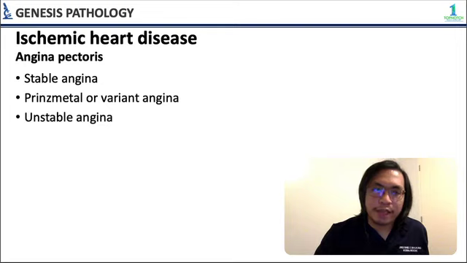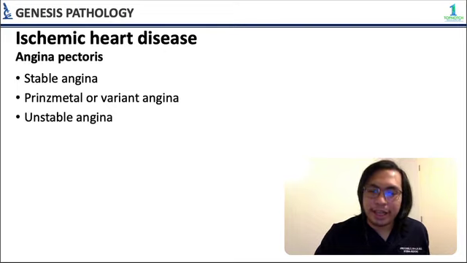Okay? Prinzmetal or variant angina is a type of angina that is not particularly caused by your atherosclerosis, but it is caused by your transient coronary vasospasms. So, in Prinzmetal or variant angina, usually we can see ECG changes, ST elevations.